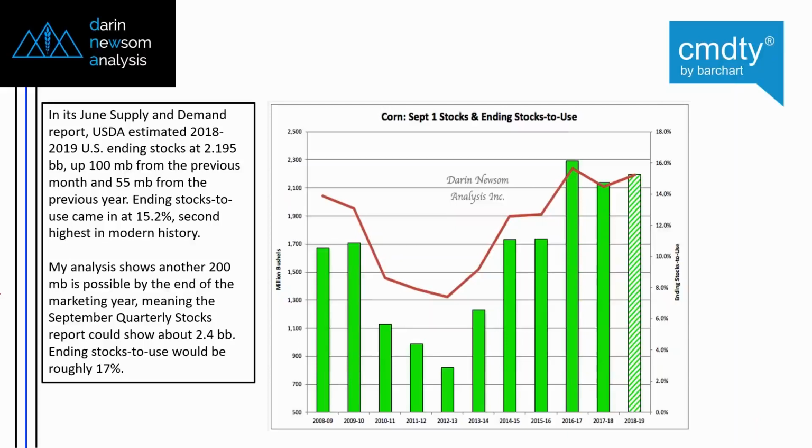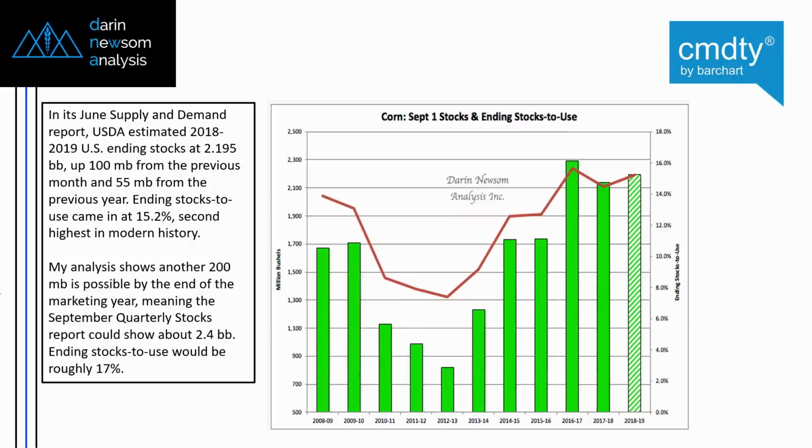And for those of you who, like me, don't really pay much attention to these monthly reports, but just want a nuts and bolts Reader's Digest version of this bullish, bearish, neutral, ending stocks to use really is that: you just take ending stocks and you divide it by total demand. The higher the ending stocks number is, the more bearish one would assume a market is, because the supply demand situation is the stocks is increasing in relation to demand. And that is, I'm not an economist, but overall, that's generally bearish when you have supplies outdistancing demand.